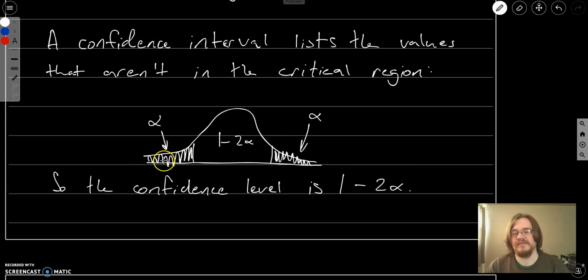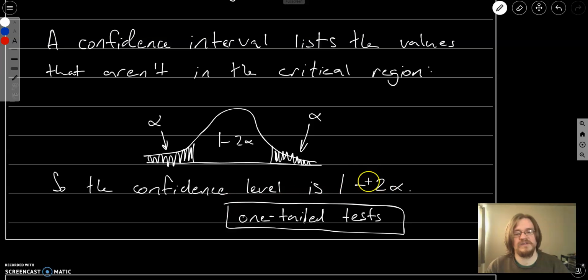The probability of something happening over here is going to be alpha. The probability of something happening over here is alpha. What's left over is 1 minus 2 alpha. So in a one-tailed test, so this is still for one-tailed tests, our confidence level is going to be 1 minus 2 times the significance level.